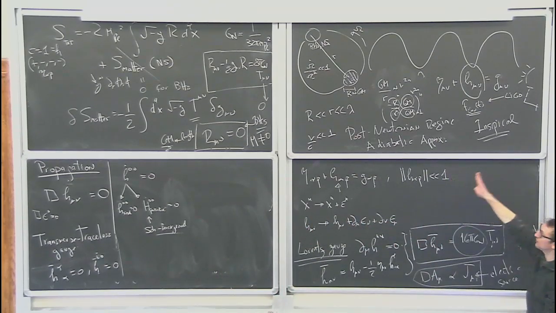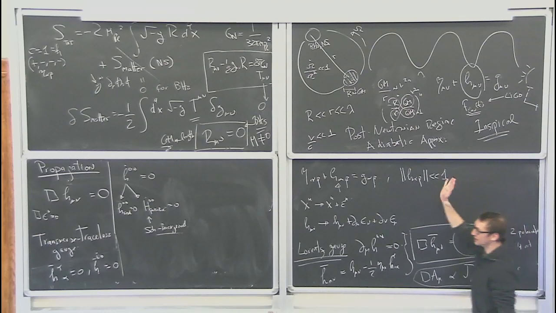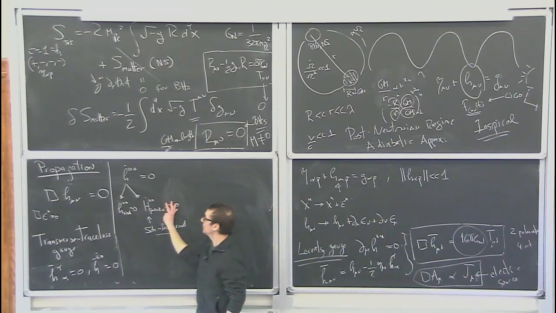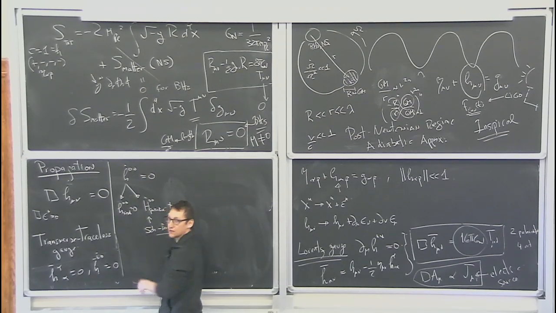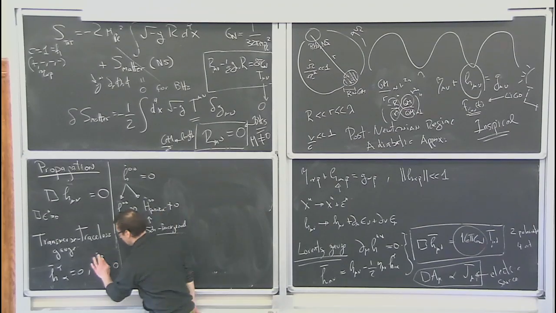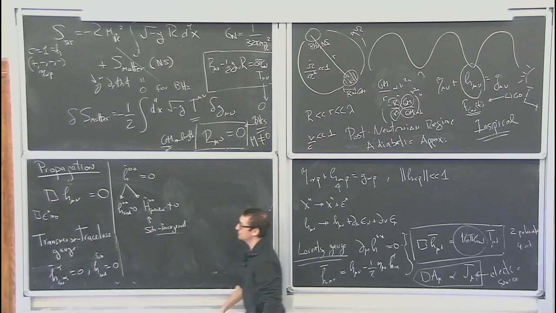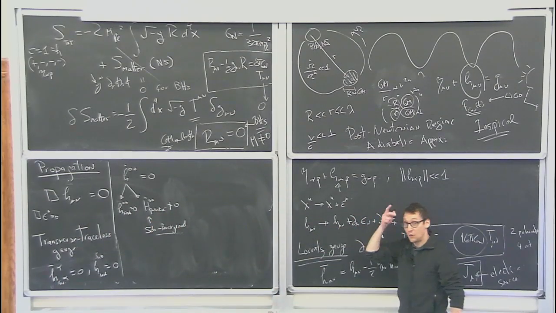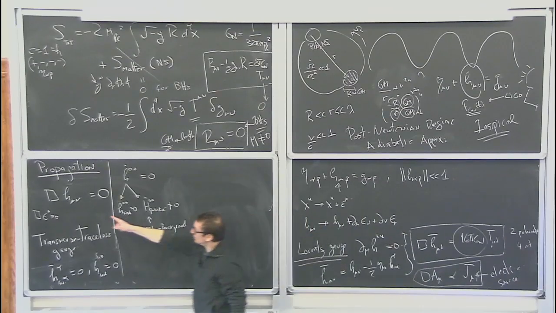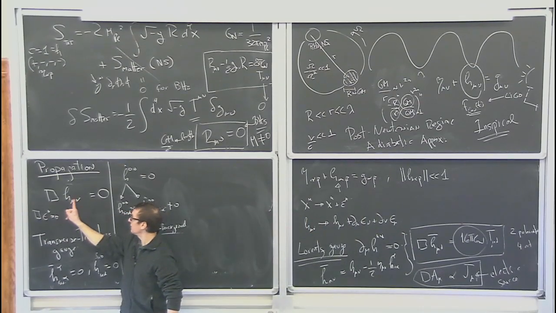So it means that if you're looking far away from the source, there is a piece which is the static potential, and there is a piece which is the radiation. This piece is not 0, but it has 0 dot, which it has to, right? This piece is 0, so we take it out. So then it becomes 0 for the radiation. And now we just concentrate on the radiation. What does that mean? That means that this equation could have been Laplacian of H00, right?